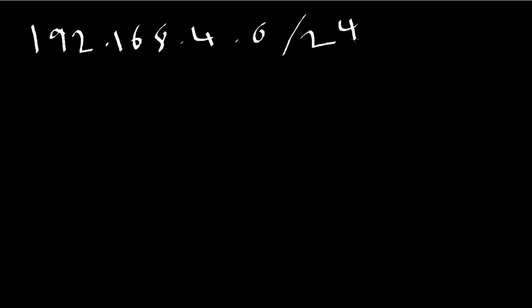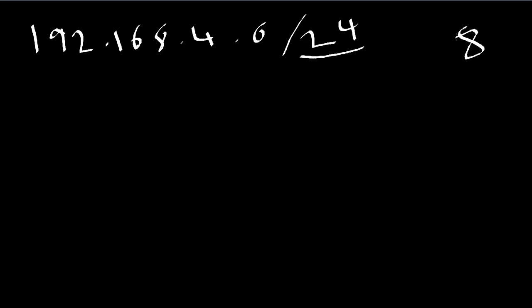So what have we learned? Looking at this, we have learned that this /24 means 24 bits are turned on. This also tells us that the total, which is 32, minus this 24 gives us 8.